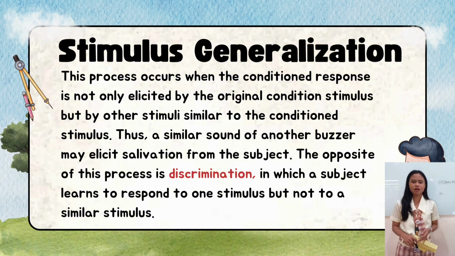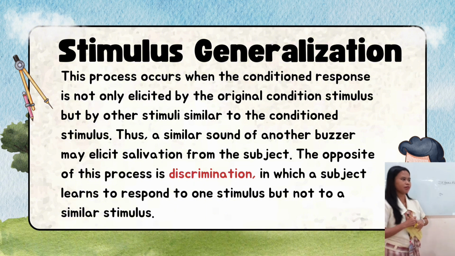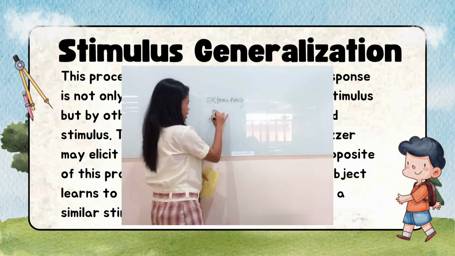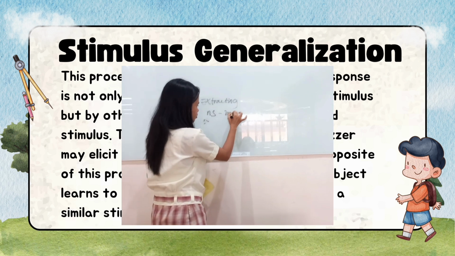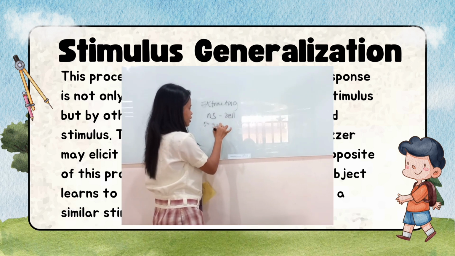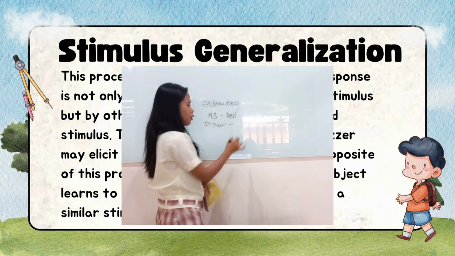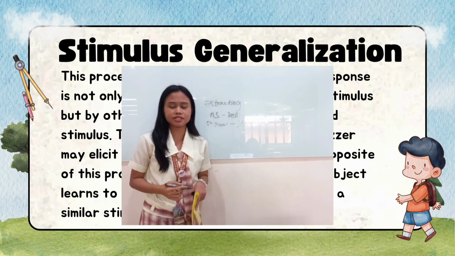This process occurs when the conditioned response is elicited not by the original conditioned stimulus, but by a stimulus similar to the conditioned stimulus. An example of this is the original NS, which is the bell, replaced by the xylophone, which has a similar sound.